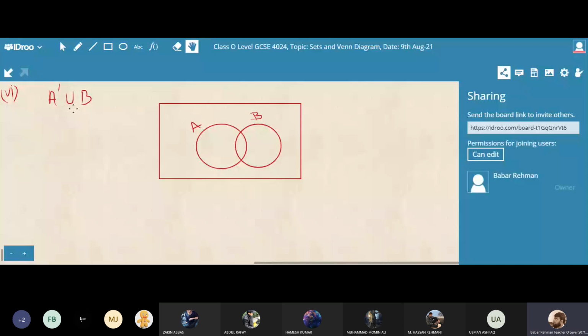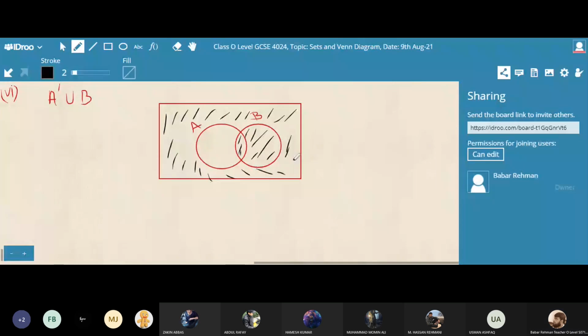So this will be excluded. Only A will be excluded, but including B and all other part will be shaded. And you write universal set here. Okay, there is a difference. Okay.